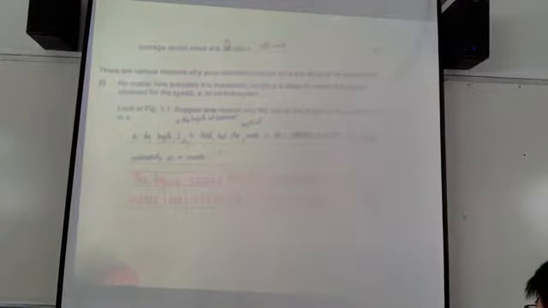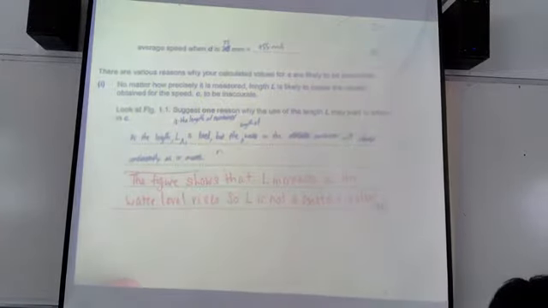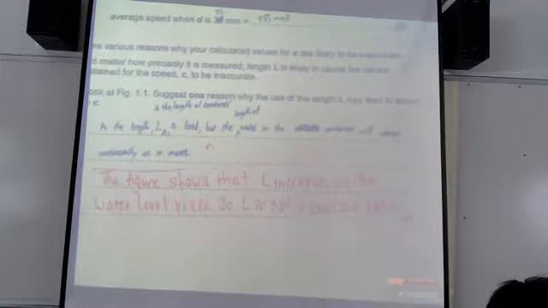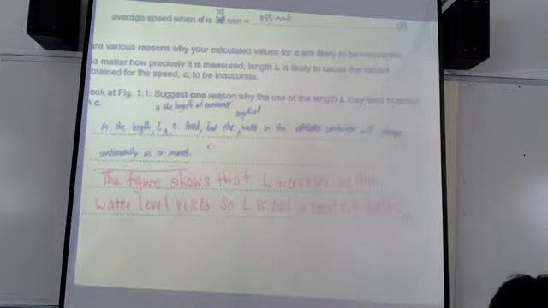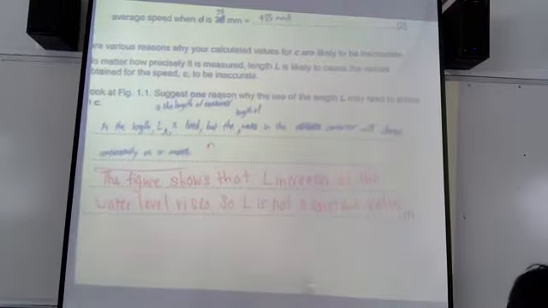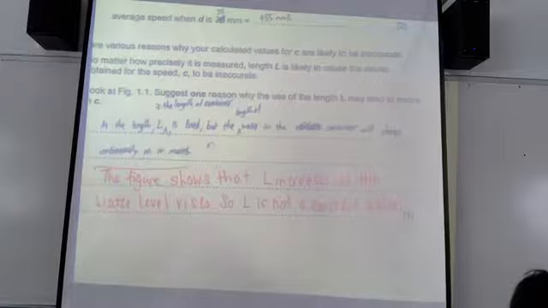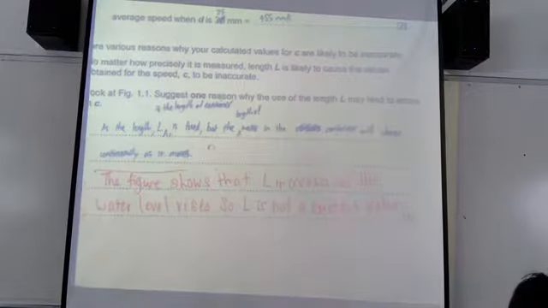Okay, I think we can leave it at this, even though it's a bit big, but I think this will do. It shows that L increases as the water level rises, so L is not a constant value. Okay, can I move on to the next stage?